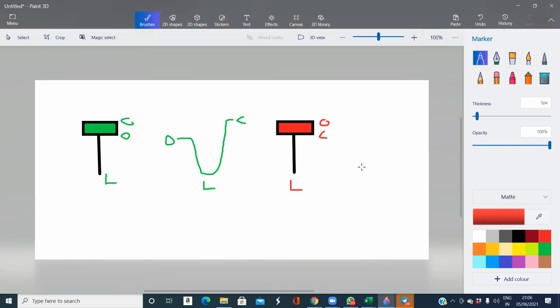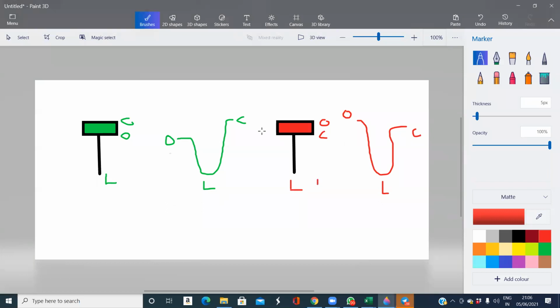So how will the chart be? The stock will open here, go down, then the bulls will come and close it here. So open, low, and this is the close. So this is also one of the hammers. But for me, both hammers I call bullish.